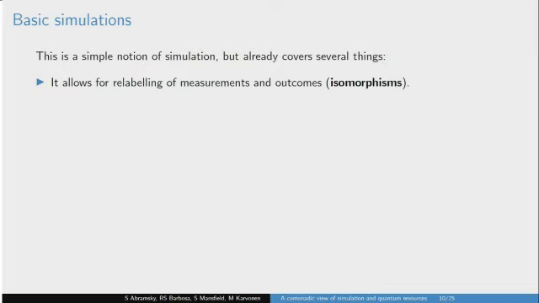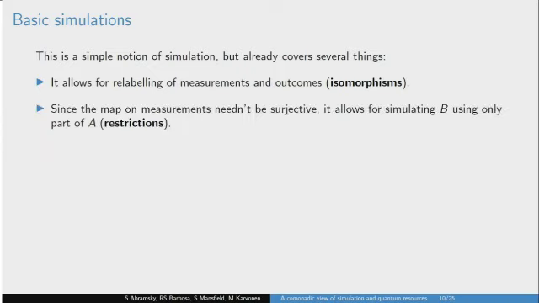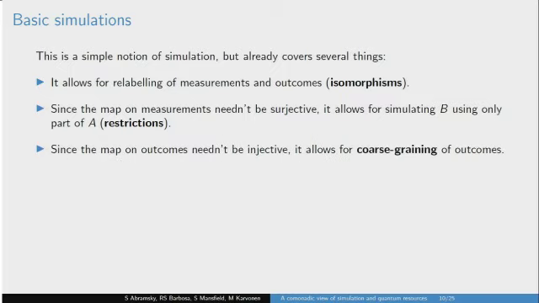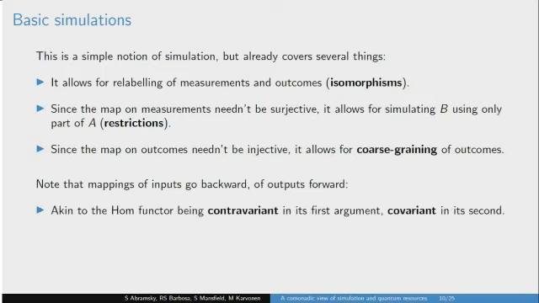And already this captures many things, so you can easily write down what it means for two empirical models to be isomorphic. But you can also restrict to a submodel of some empirical model, or you can coarse grain your outcomes, so apply some function, and even enlarge the outcome sets. And there's this funny contravariance business, so the inputs and outputs go in different directions.